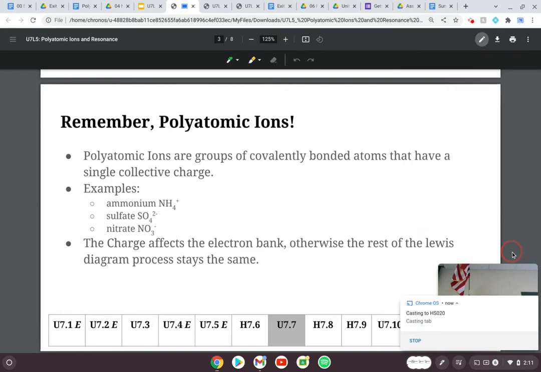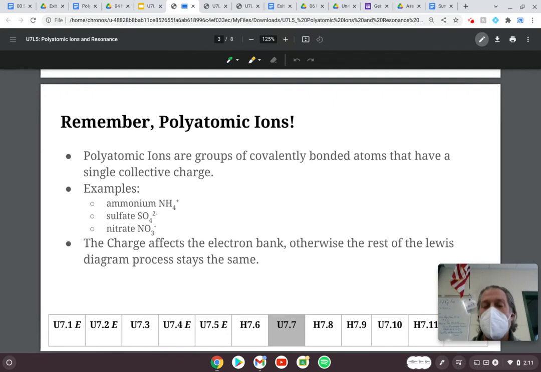All right, so polyatomic ions. Polyatomic ions should have been written on the back of your periodic table. I'll write that there just in case you forgot.